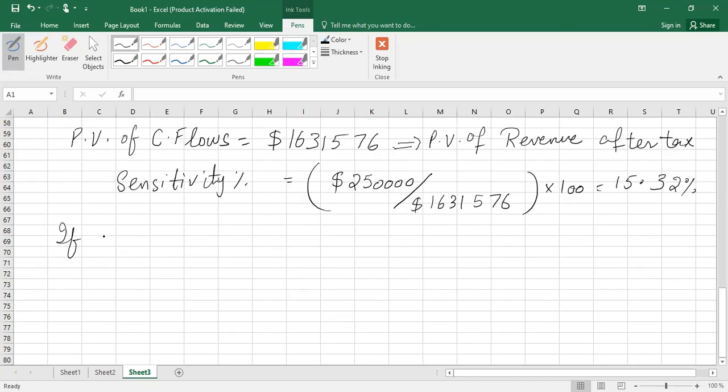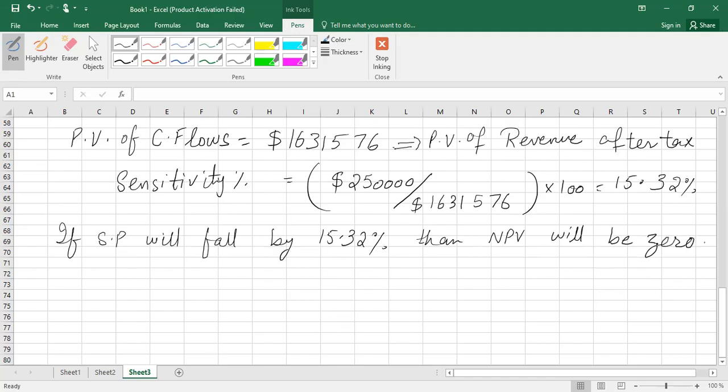If the selling price falls by 15.32%, then NPV will be 0. This is the sensitivity of the selling price.